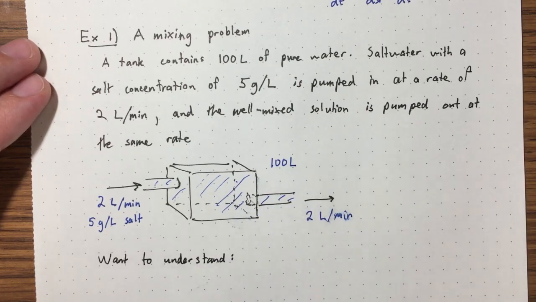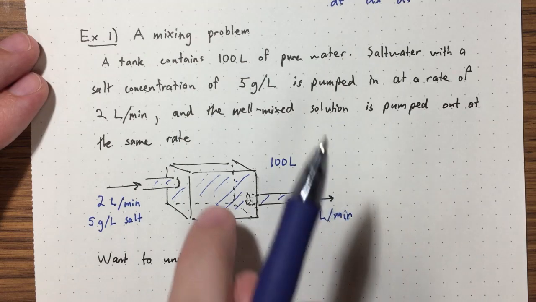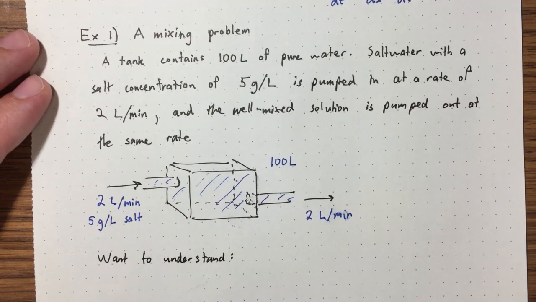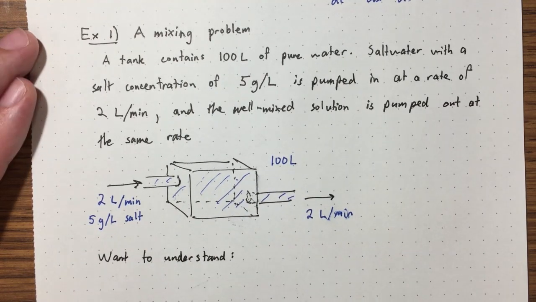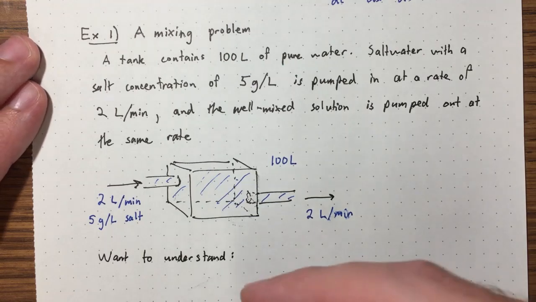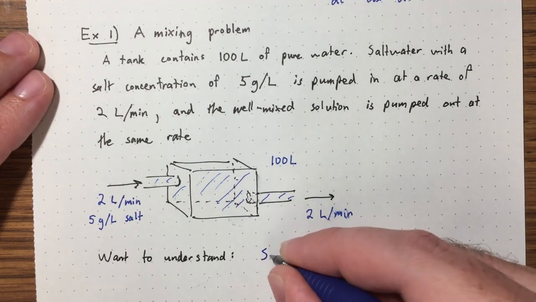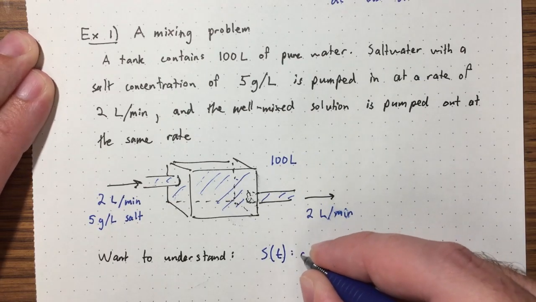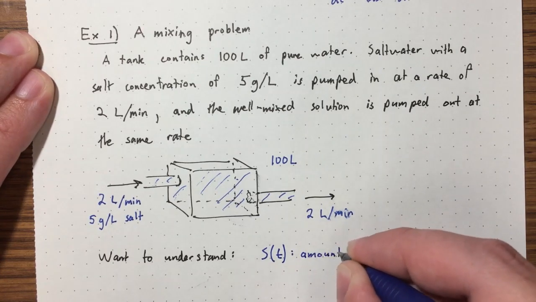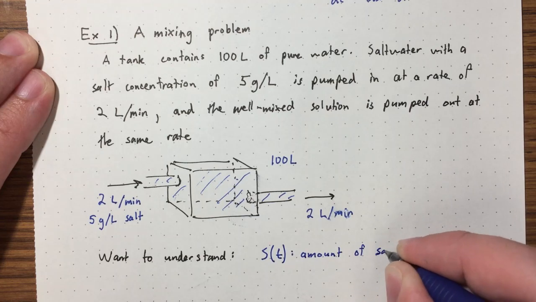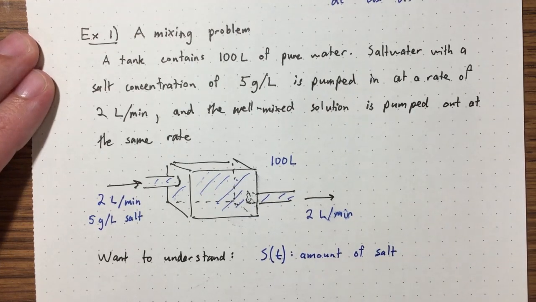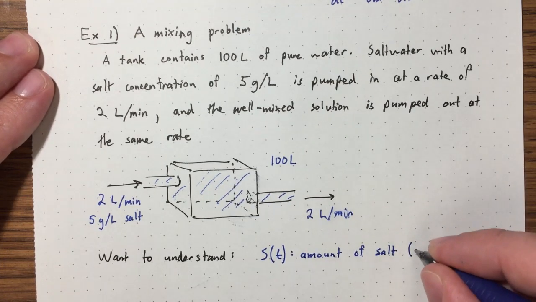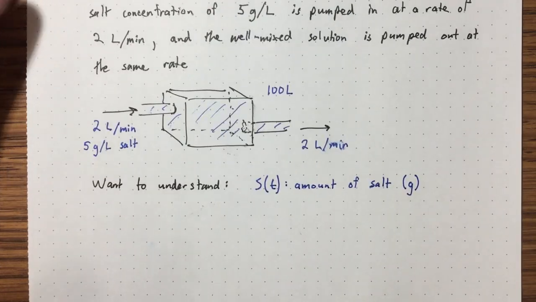So the concentration of the salt in the tank is changing over time. The amount of salt is changing over time. Let's call S of t the amount of salt in the tank at any time, measured in grams.